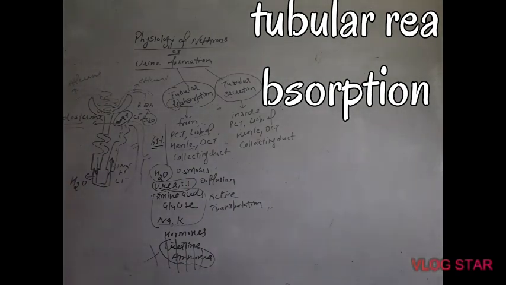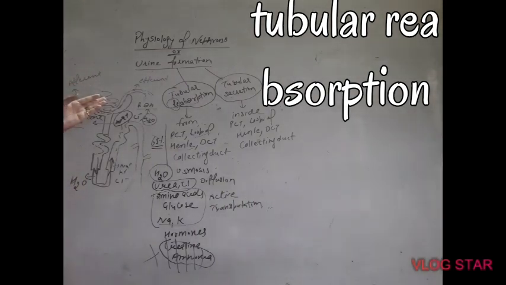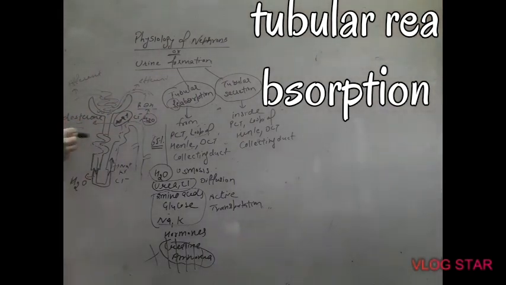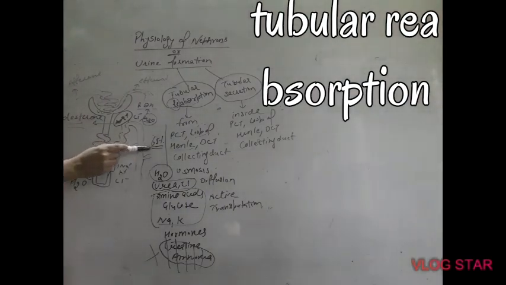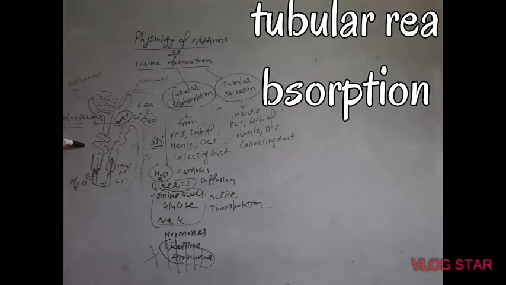Let us study what is the concentration of the glomerular filtrate in comparison to the blood which is found from the efferent artery into the peritubular network. Because 65% of the glomerular filtrate which comes into the PCT is reabsorbed from the PCT, the concentration of the glomerular filtrate inside the PCT is the same as that of blood plasma.